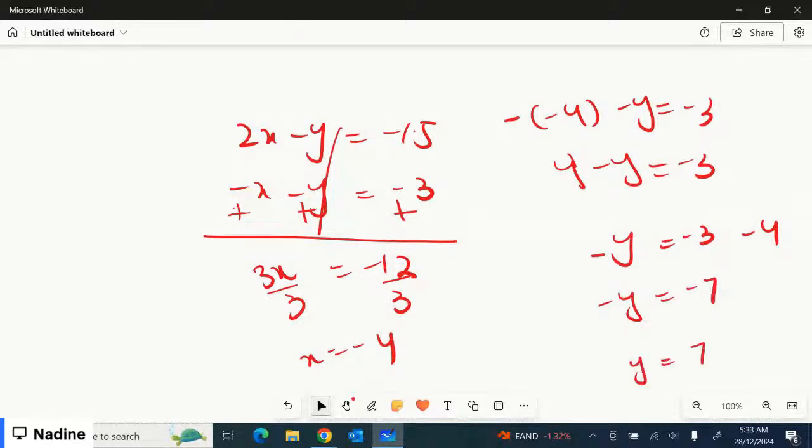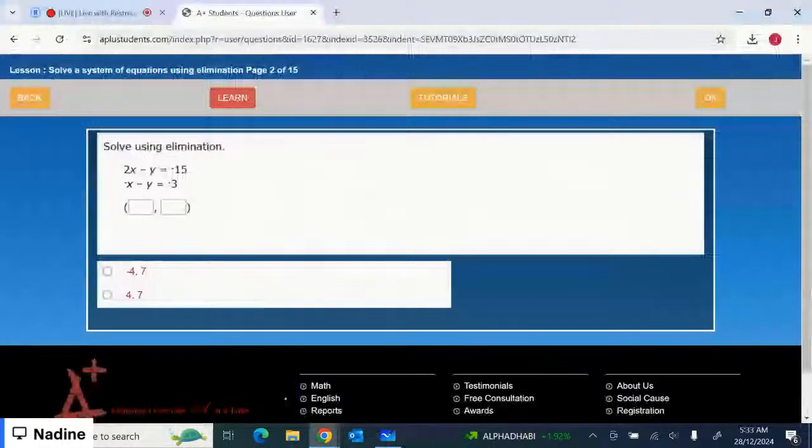So y equals 7. That is negative 4 and 7.